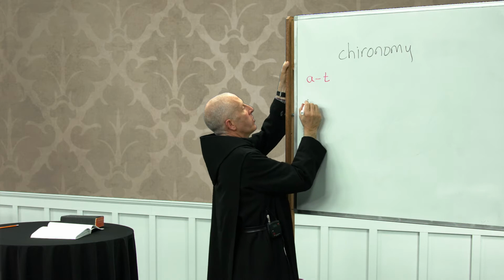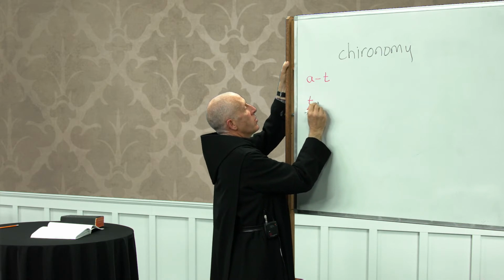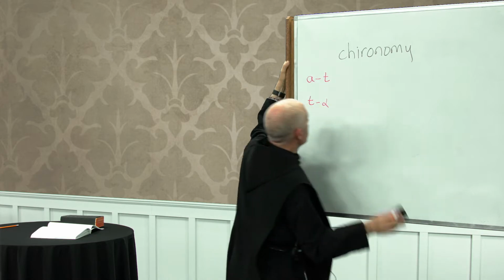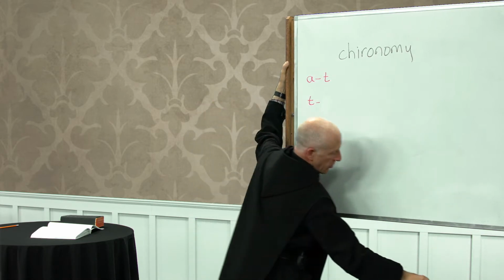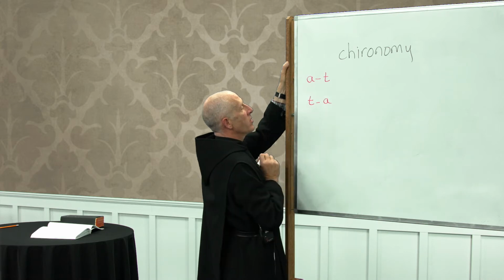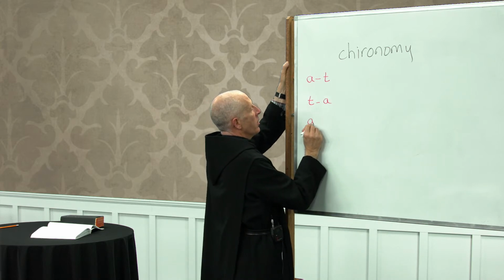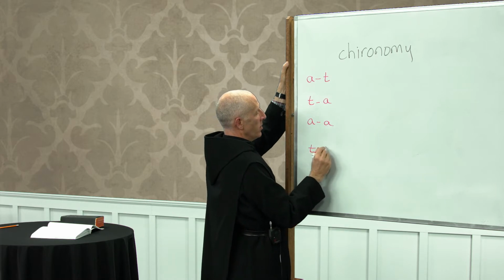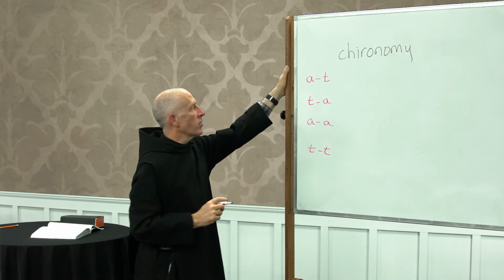We have to be able to link a thesis to an arsis. We're going to be using A instead of the Greek from now on, it's a bit simpler. We have to be able to link an arsis to an arsis, and then a thesis to a thesis. So how do we do all of those?